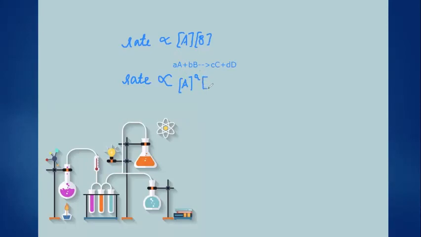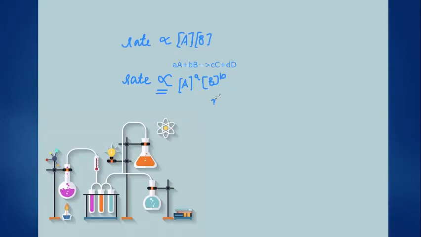That is the product of [A] raised to a and [B] raised to b. Okay. Now, what should we do to remove the proportionality sign? We'll bring in a constant.